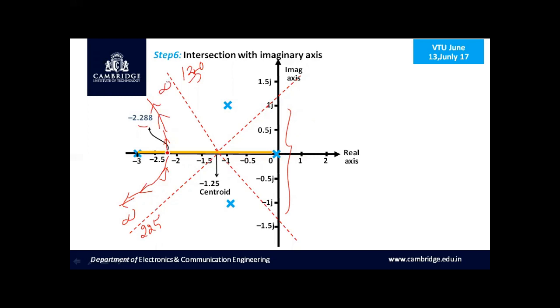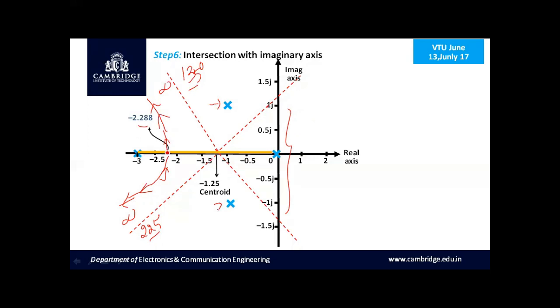Of the 4 branches, 2 of the branches will try to reach infinity guided by the angle 135 degree and 225 degree. And the left out 2 branches are from the complex conjugate poles at minus 1 plus j as well as at minus 1 minus j.